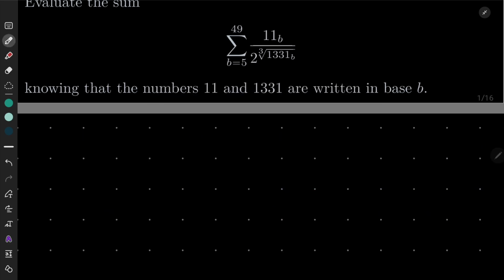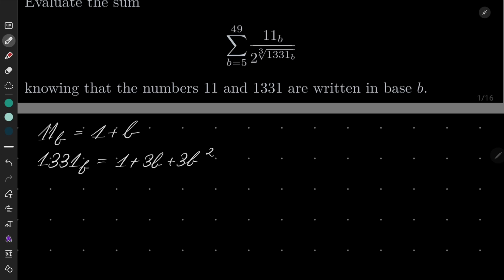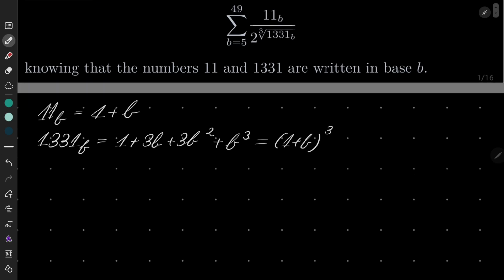Okay, so my solution. First of all, what's 11 in base b? It's just 1 plus b. And what is 1331 in base b? Well, it's 1 plus 3 times b plus 3 times b squared plus b cubed, and that is (1 plus b) to the third power.